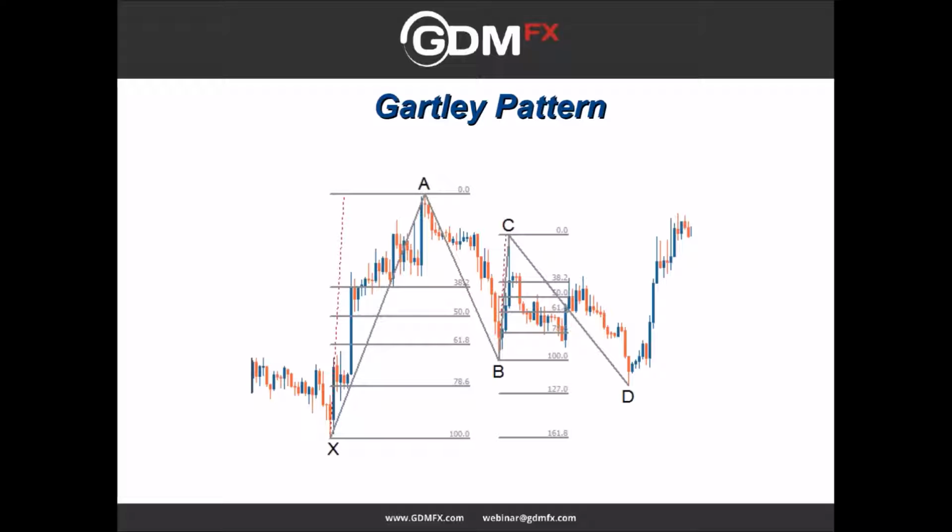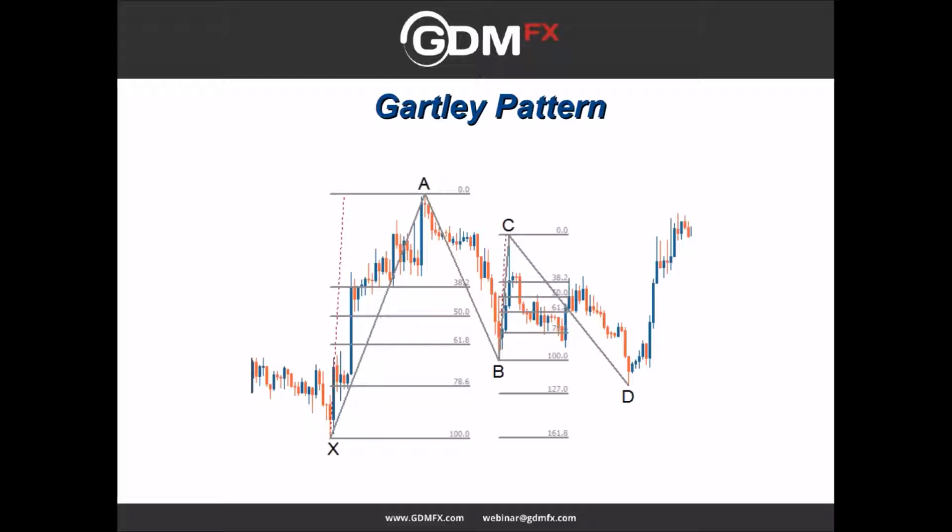So, let's set some rules. If you wish to write down along with me, before we try to trade this pattern, we have to make sure to know the rules.